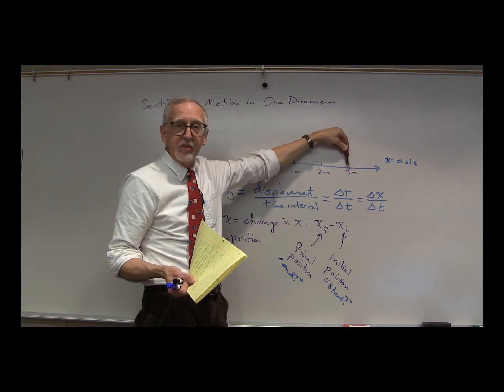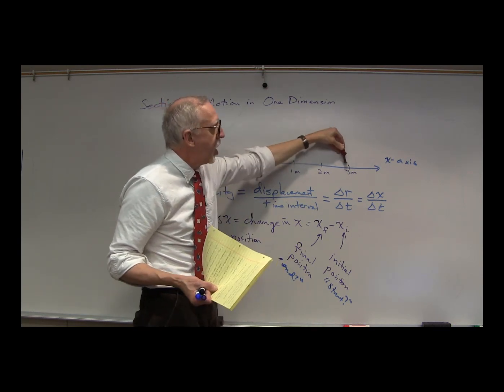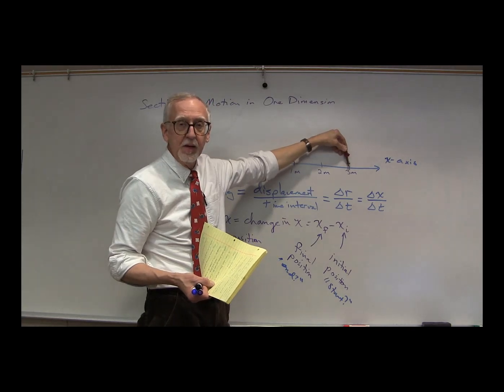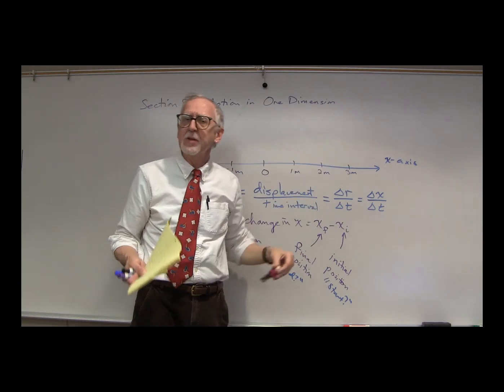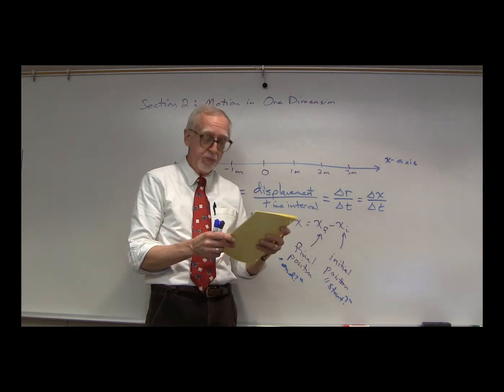So the distance traveled in that case would be much more than 2 meters. But the displacement only depends on the initial value and the final value, 3 and 1. 3 minus 1 is 2 meters. The displacement, the change in position, is 2 meters.